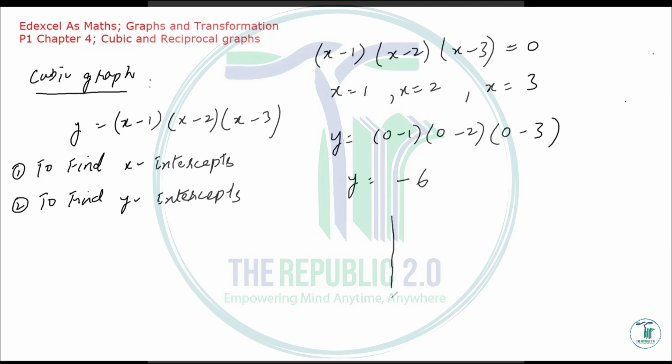Whenever you want to plot this function, remember that the shape of the graph is not defined, right? But you need to cut your graph through these intercepts. So first of all, we've got 1 here, 2 here, and 3 here, and then we have negative 6 here.